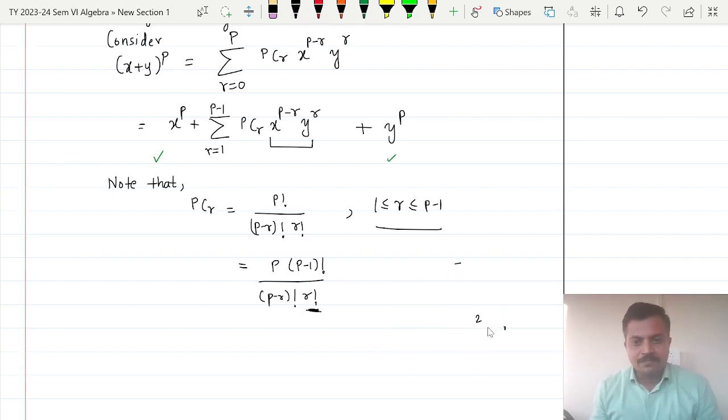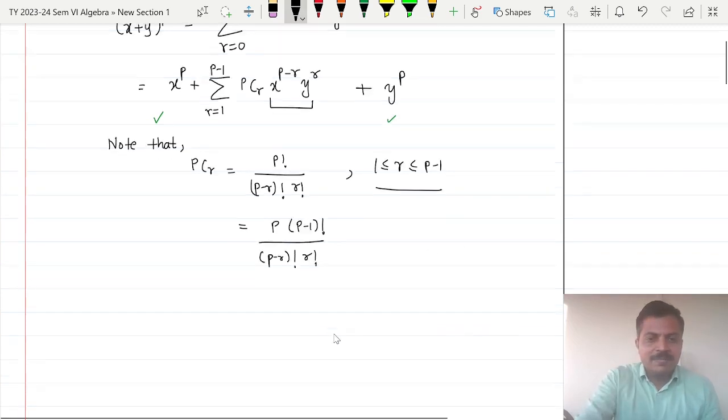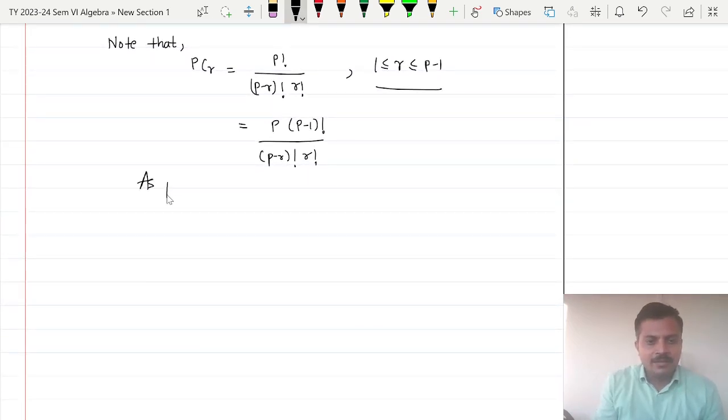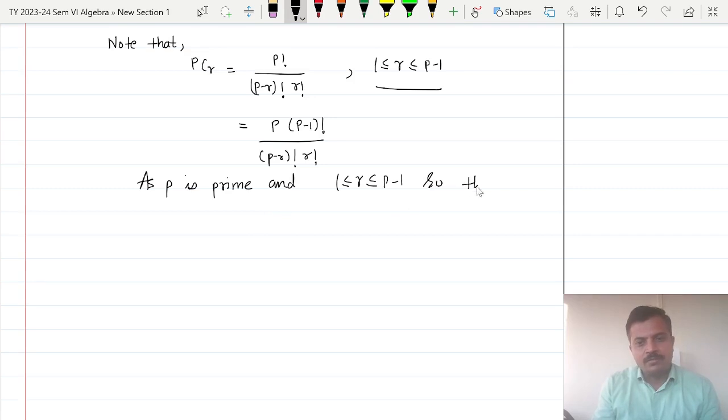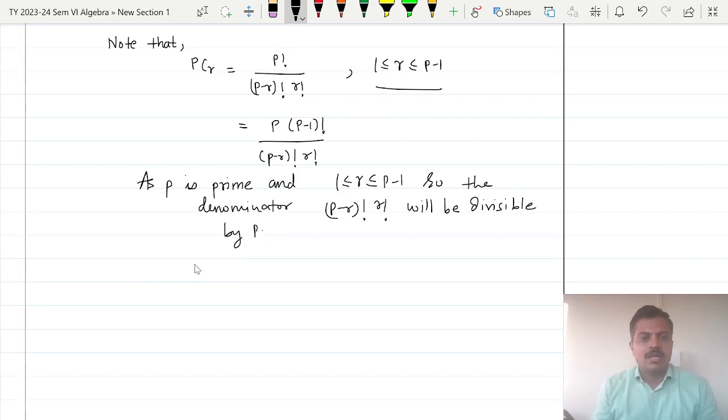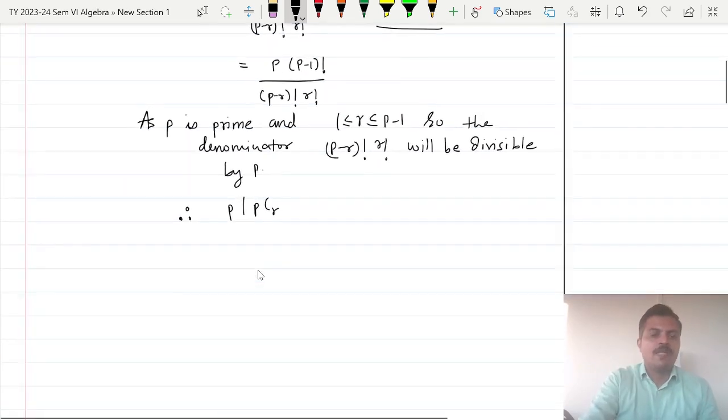So we will write here, as p is prime and r varies from 1 to p minus 1, the denominator (p minus r) factorial multiplied by r factorial will not be divisible by p, and therefore definitely p will divide pCr.